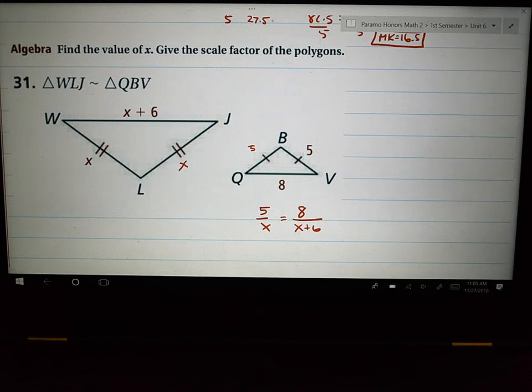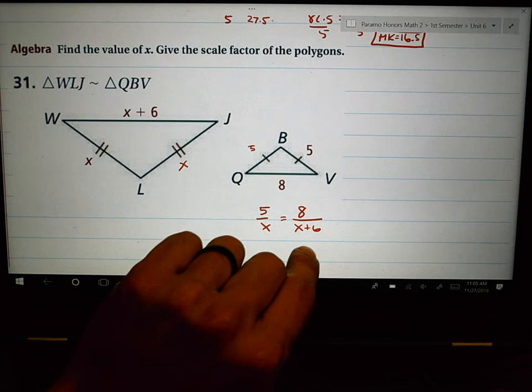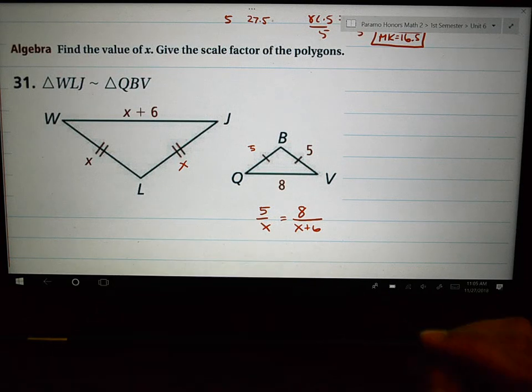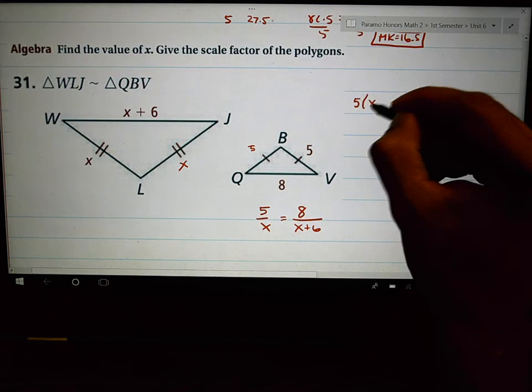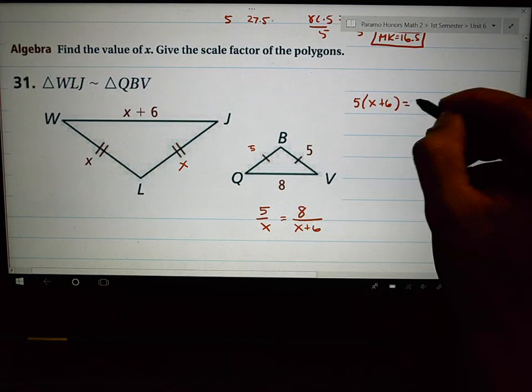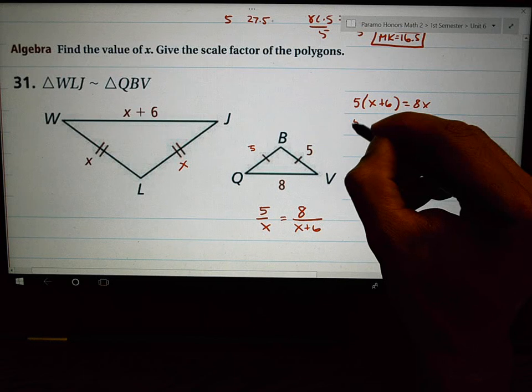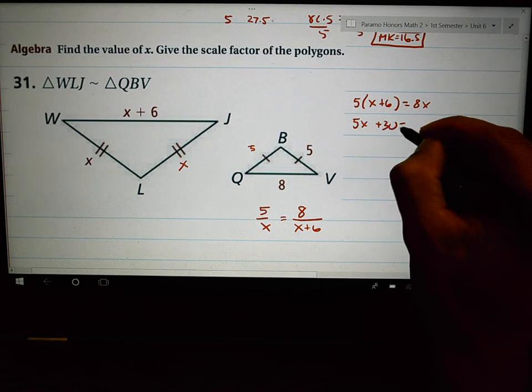If you set yours up x over 5 equals x plus 6 over 8, that's totally fine. What I would do from here is cross multiply 5 times the x plus 6, and do the 8 times the x. Do not forget to distribute, which is the most common mistake.